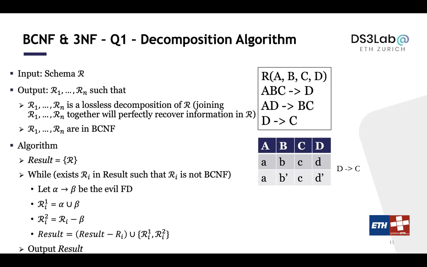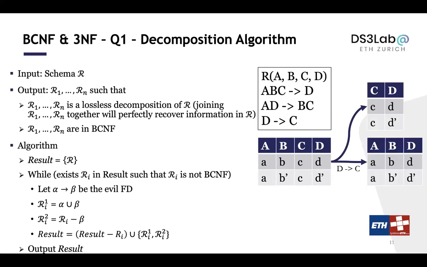One contains both the left-hand side and the right-hand side of this functional dependency, giving you a relation with two attributes C and D. The other contains all the attributes except those in the right-hand side, which gives you A, B, D. This gives you a lossless decomposition of the original relation. If you join them together, you get your original relation.